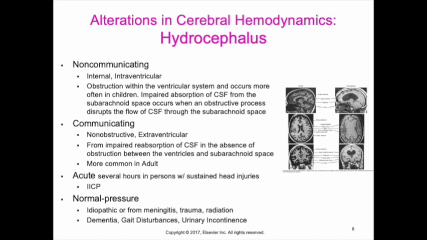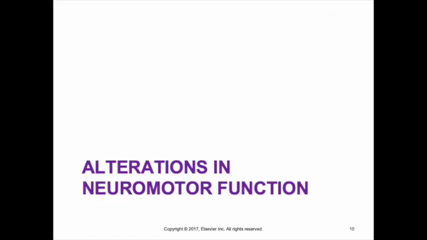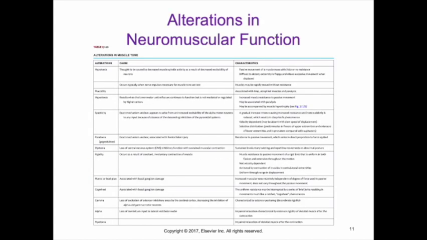We're now going to talk about alterations in neuromotor function. You can use this table to look at the differences between hypotonia, flaccidity, hypertonia, spasticity, paratonia, dystonia, rigidity, cogwheel type movements, myotonia, alpha gamma type movements.